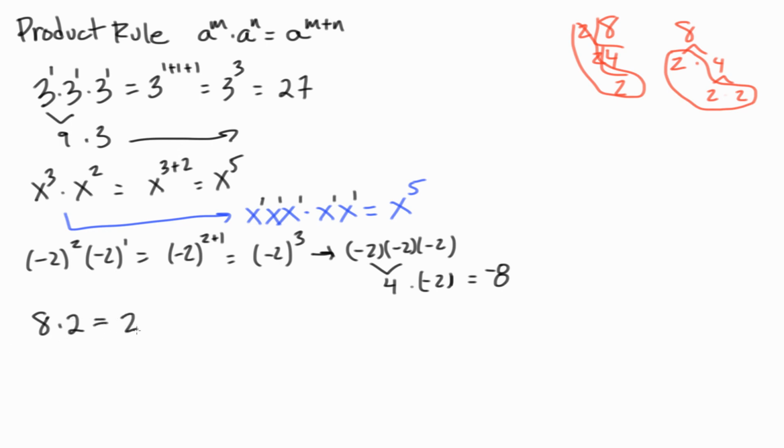So 8 really is 2 times 2 times 2, because I get 3 factors of 2 from the 8. And then this guy right here is another 2. So how many factors of 2 do I have? I have 4 of them. And of course, I can always continue on to evaluate that if I wanted to. So you can see the product rule is basically just taking in factors and looking at their exponent.